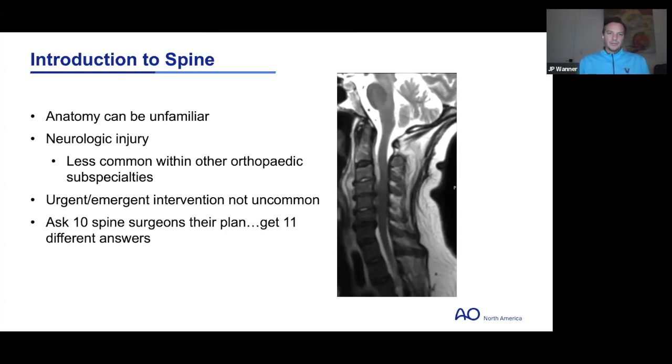I think a huge portion of it comes from the fact that there are associated neurologic injuries, and those injuries can be time sensitive, right? So there's some urgency or emergencies that are not all that uncommon when it comes to spine. And so because of that, as a resident or medical student, you approach it with a little more fear than you would otherwise.